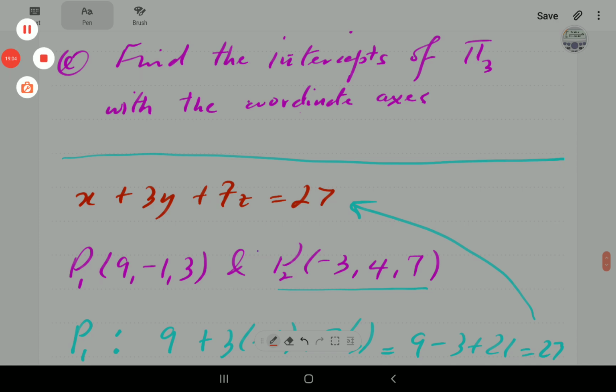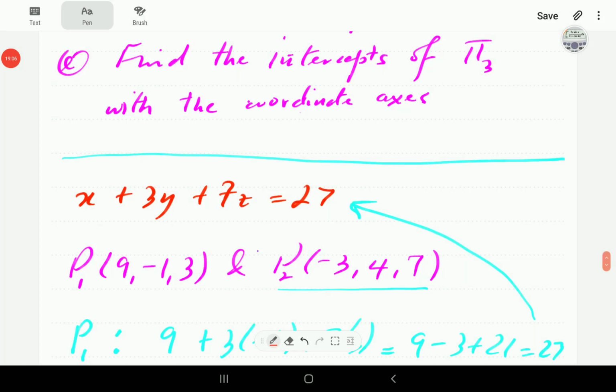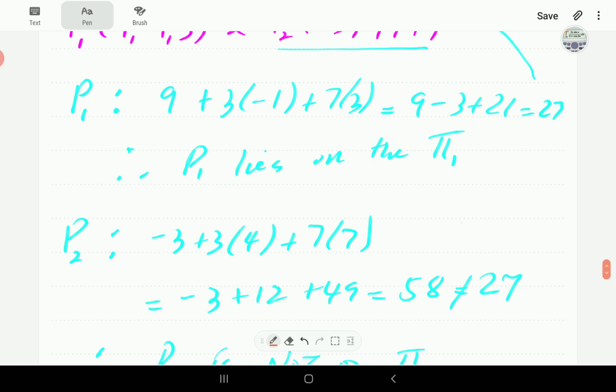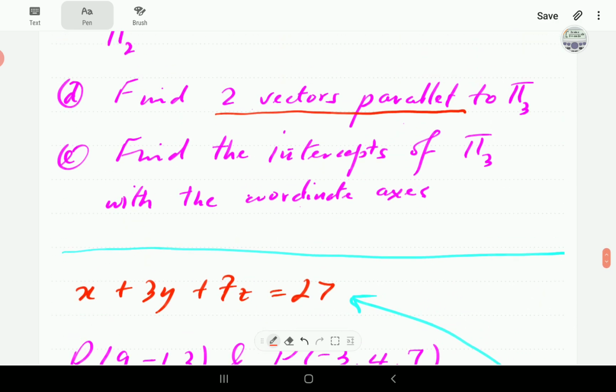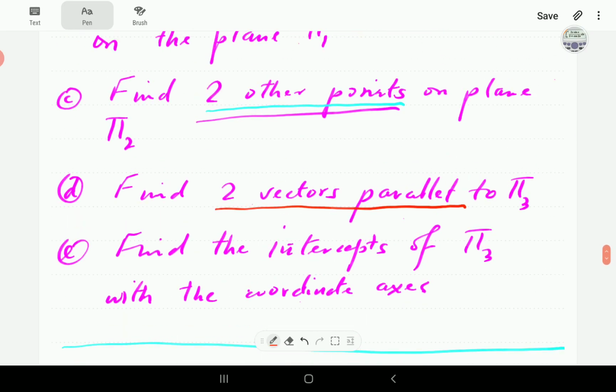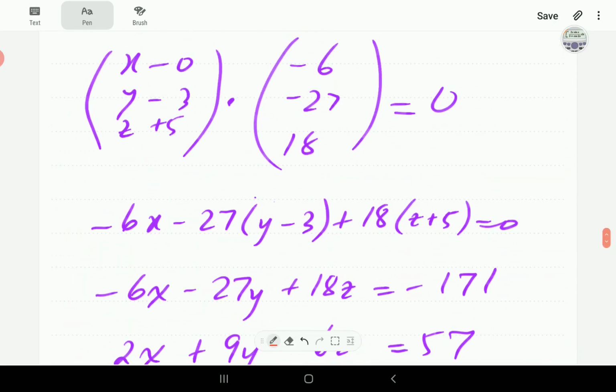Let's see what time it is. Okay, it's already 20 minutes. Find the intercepts of the third plane with the coordinate axes. For this, we need the scalar equation of pi 3.